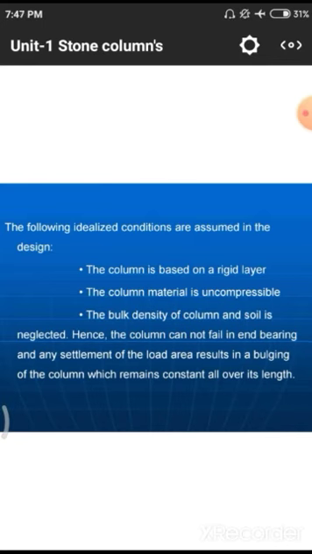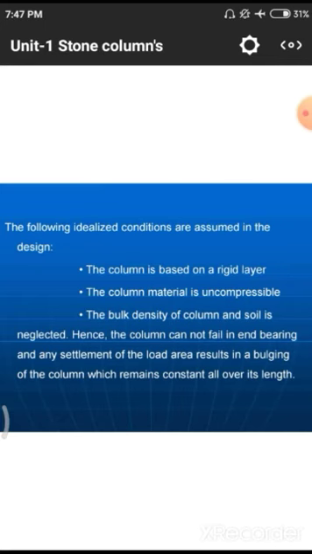Next one, column material is incompressible. That means the column is incompressible under the particular load itself. Next thing we have to assume is that the bulk density of the column and the soil is neglected. Density means the quantity of matter in a particular volume, so the bulk density of the soil and column will be neglected.